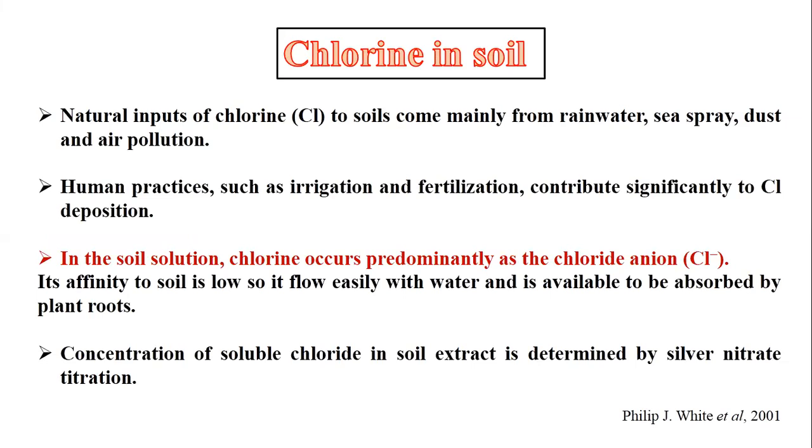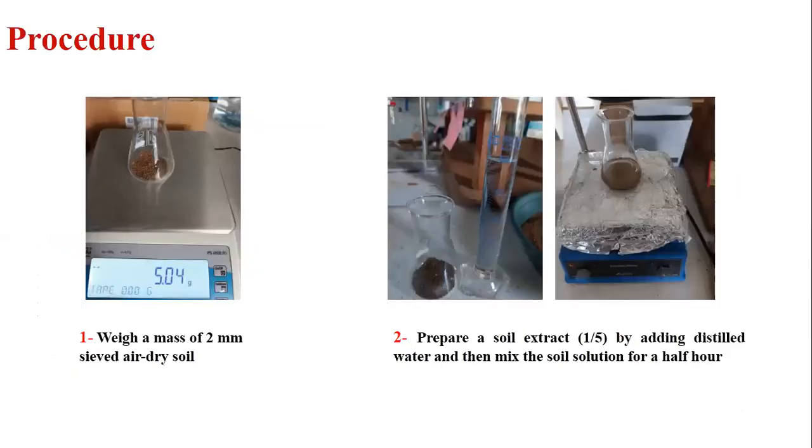Yes. Okay. So for the chlorine in soil, it's just some information that was said by Dr. Muhammad. I will not repeat it, and also for the reference. For the practical procedure, first we weigh a mass of air dry soil sieved to 2 millimeter size.